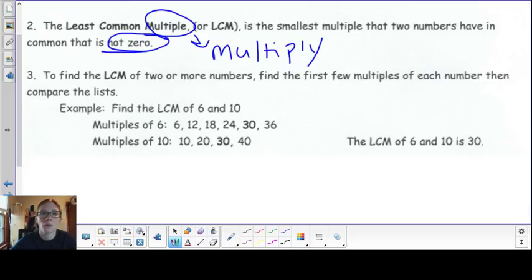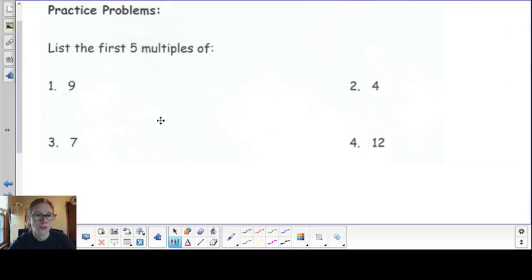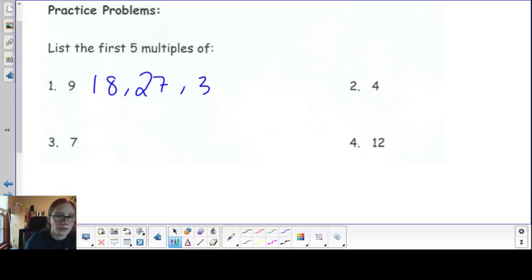So we're going to multiply today. So we're going to just list the first 5. So 9 times 2 is 18. Times 3 is 27. Times 4 is what? 36.